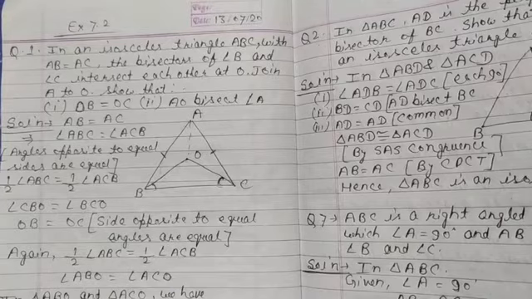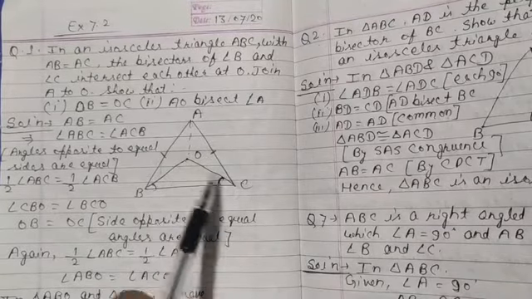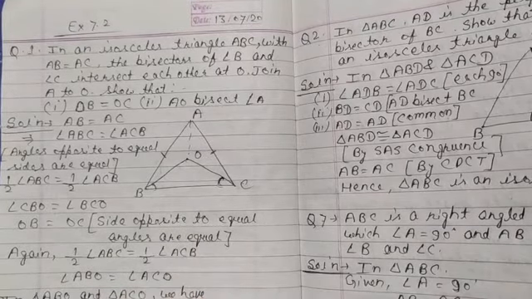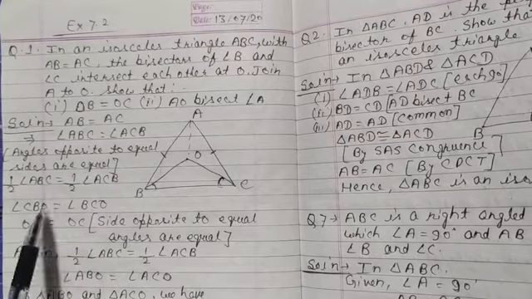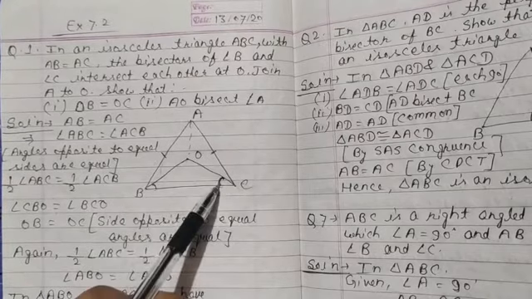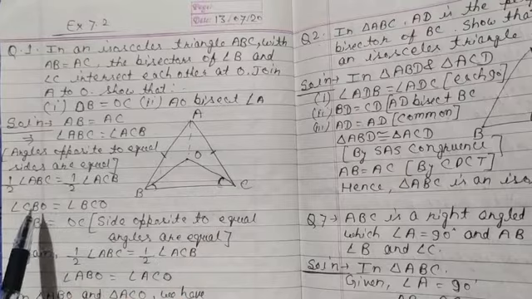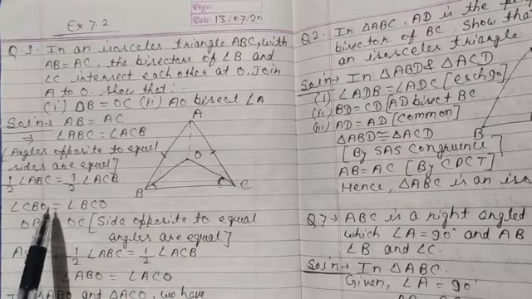Now see in triangle OBC. We already know if two sides are equal, then their opposite angles are also equal, and the inverse, if two angles are equal, then the opposite sides of these two angles are also equal. Here angle CBO and angle BCO are equal, so the opposite sides are also equal.